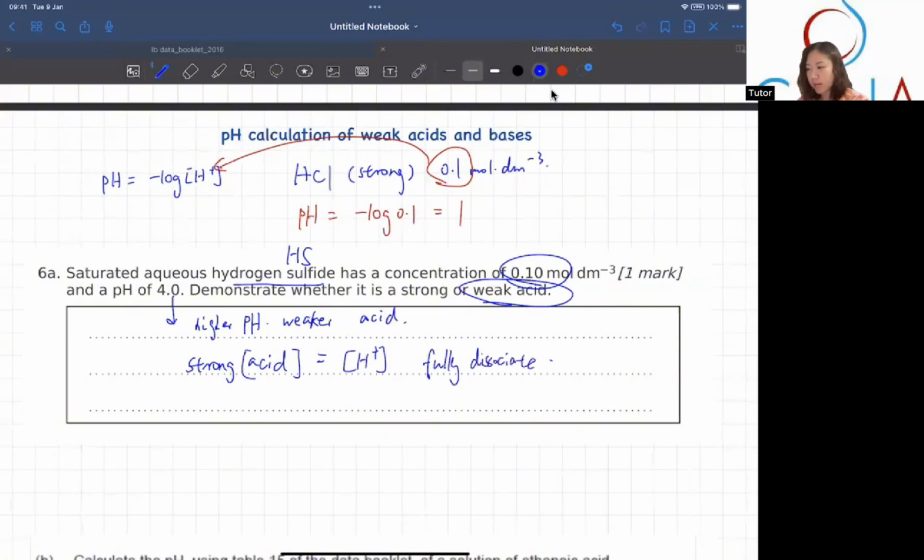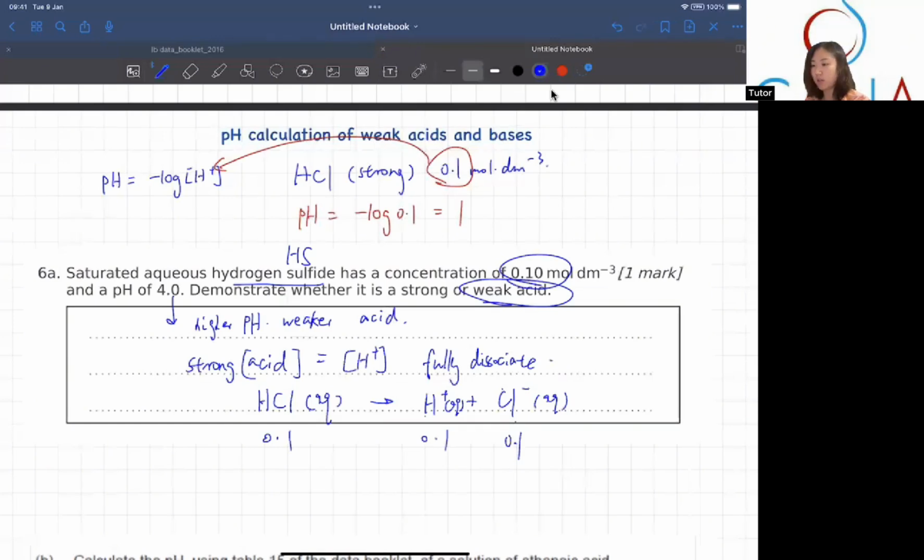That means if I have HCl and it dissolves in water and dissociates, you will get hydrogen ions and chloride ions in aqueous form, both of them. So if our hydrogen chloride has a concentration of 0.1, the hydrogen and chloride ions should both have a concentration of 0.1, because they fully dissociate.